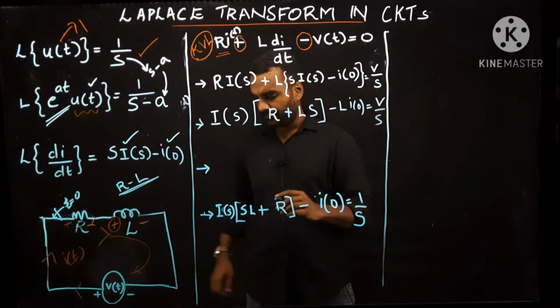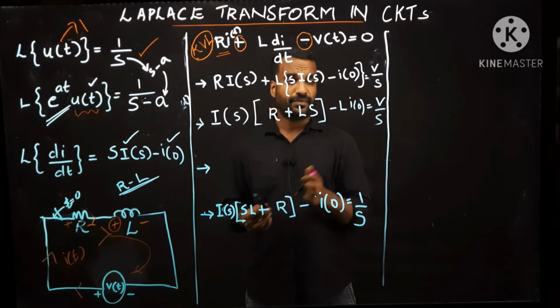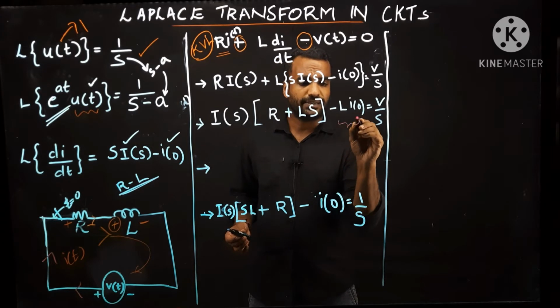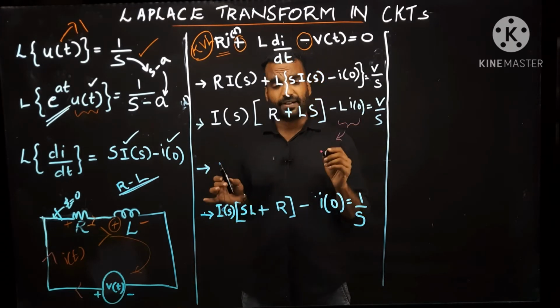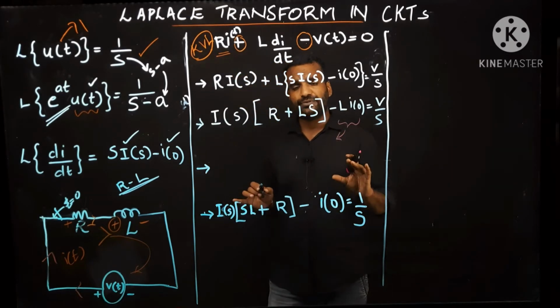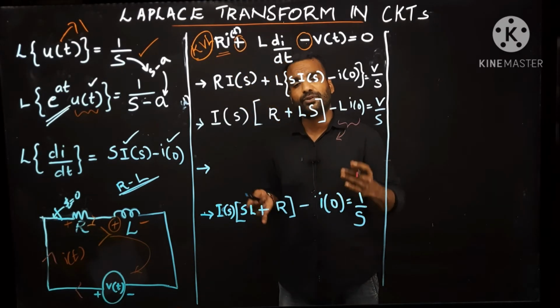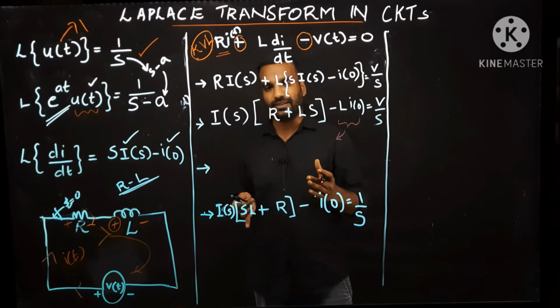Suppose this is the initial condition. I don't know what the initial condition is anyhow. For this case, I am assuming the initial condition is equal to 0. No issues. If the initial condition is not 0, then also we can proceed with this method.